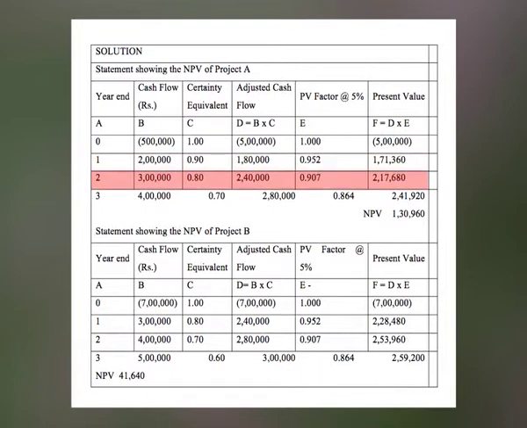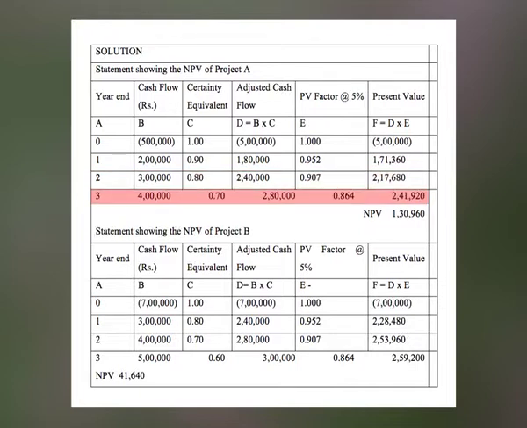1,71,360. For the second year, we have a cash flow of 3 lakhs, the certainty equivalent is 0.80, the adjusted cash flow is 2,40,000, the PV factor at 5% is 0.907 and the present value is 2,17,680.